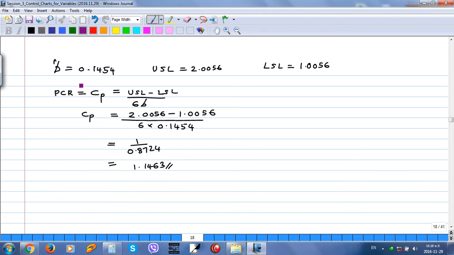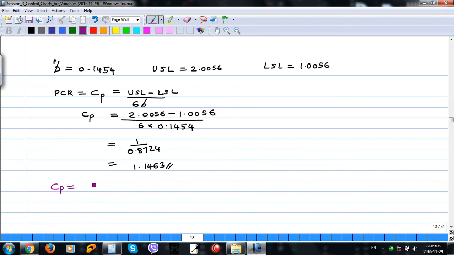Here you can see Cp is 1 point something, which means it is greater than 1. Greater than 1 means a low number of non-conforming items will be produced.